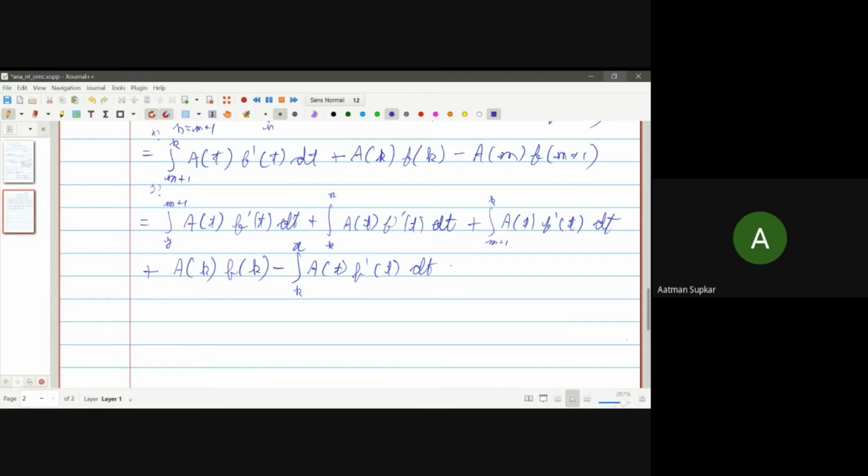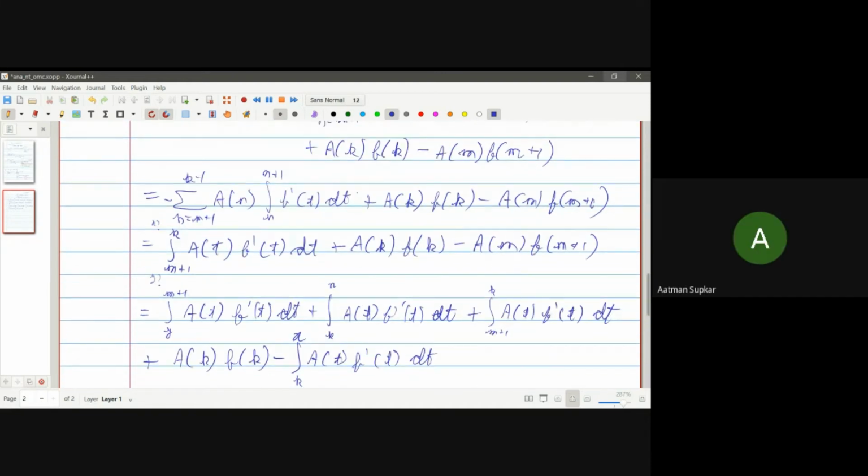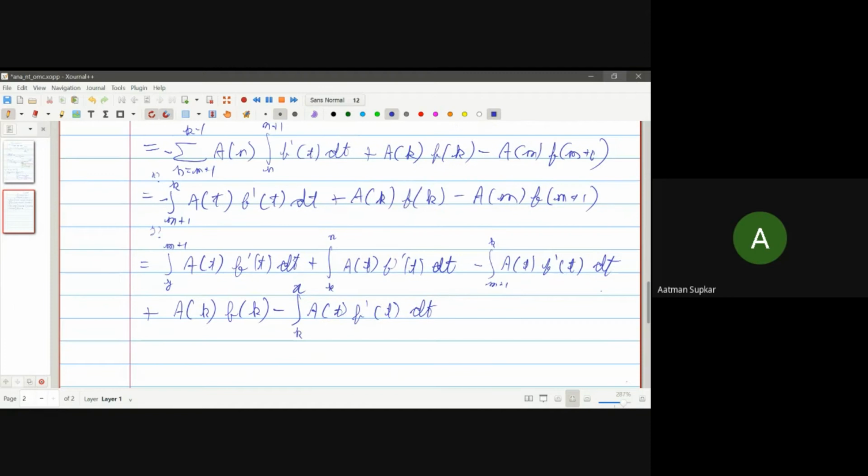Give me a second, I'm just doing the sign check. Two lines before, shouldn't there be a negative sign before the integral? Shouldn't it be the negative integral m plus 1 to k? Oh, here. Yeah, all right. This is why I was messing up with the signs. Thank you. Yeah, k to x was negative.